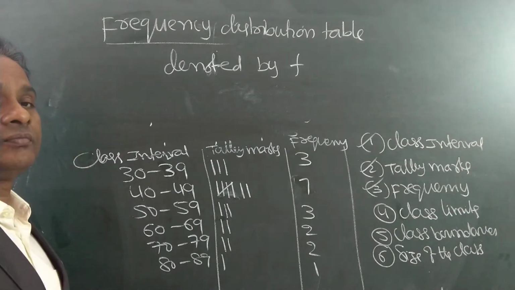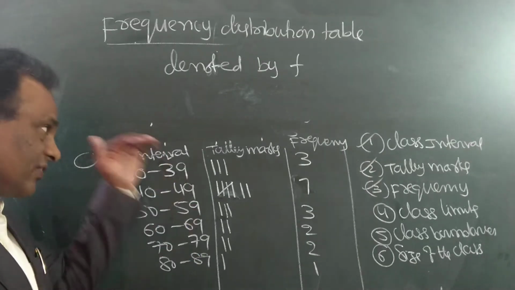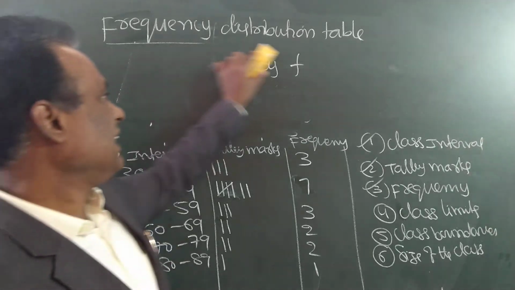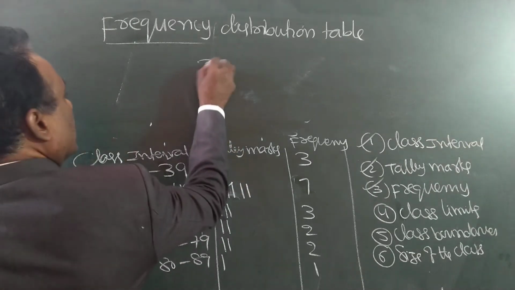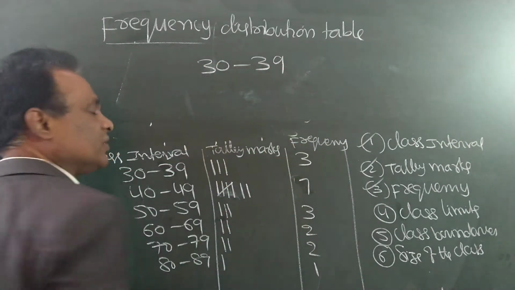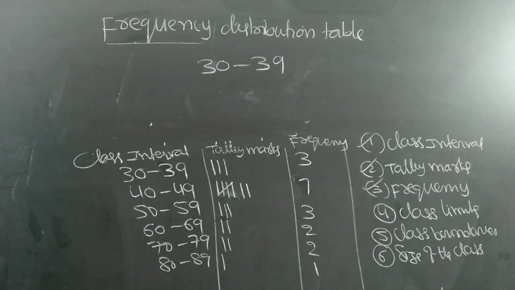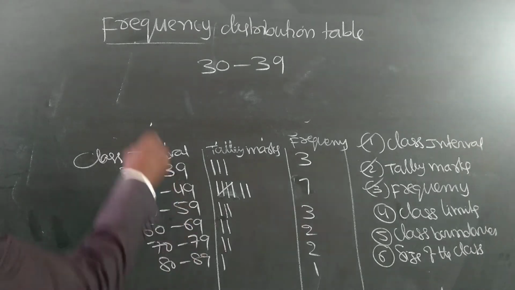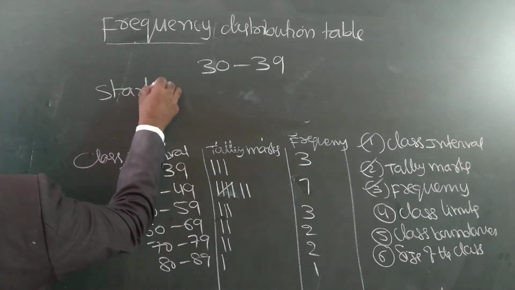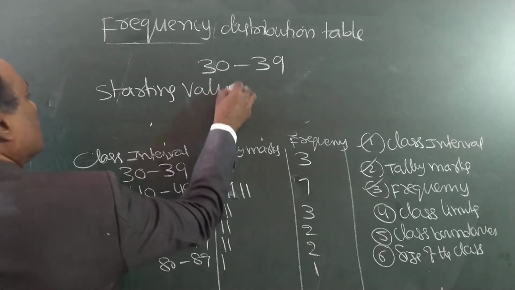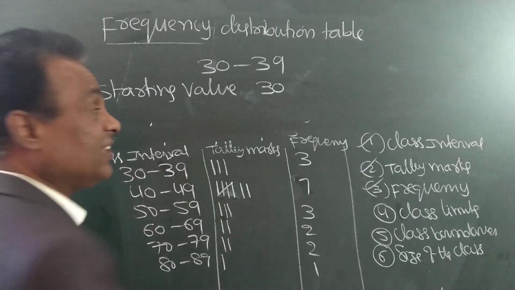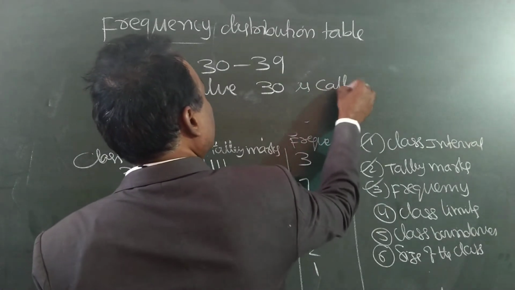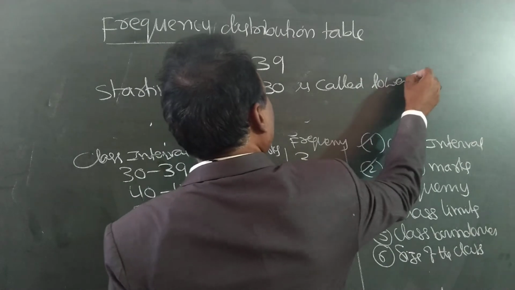Next line. Okay, write down one example. In a class 30 to 39, the starting value 30 is called the lower limit.